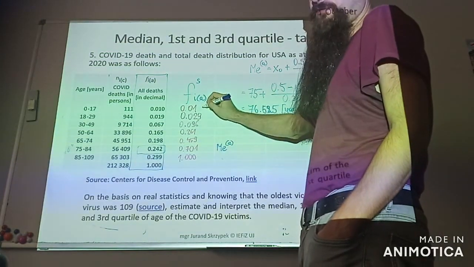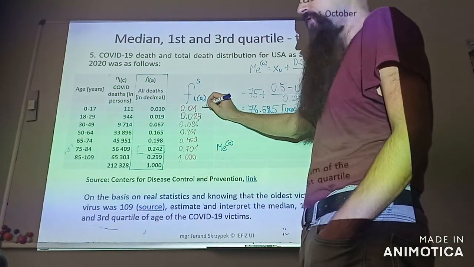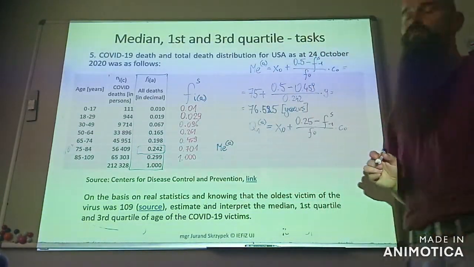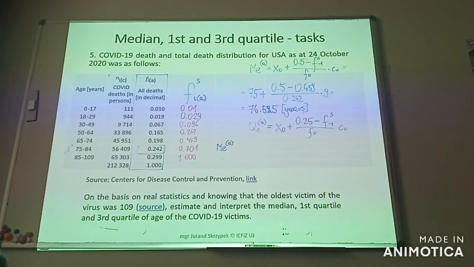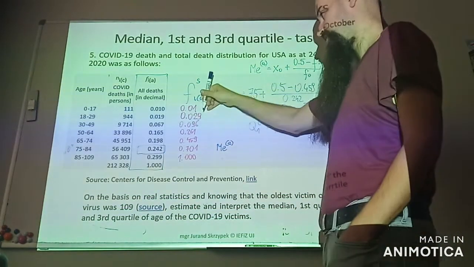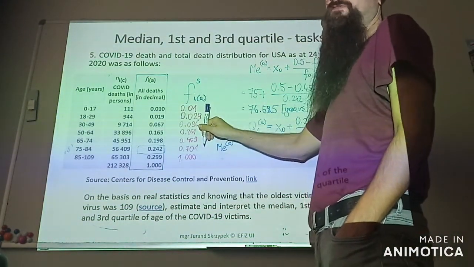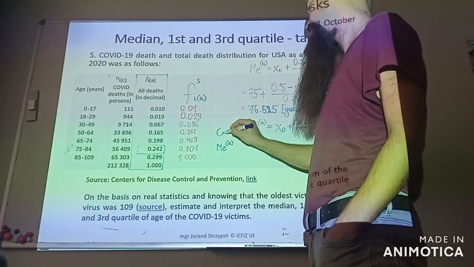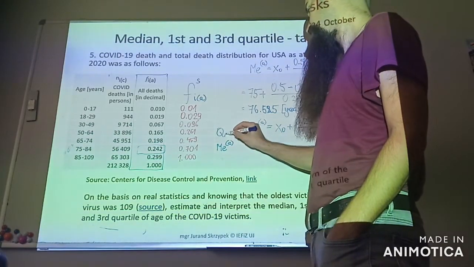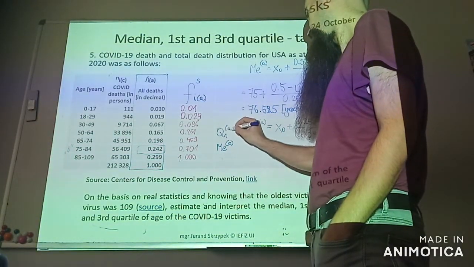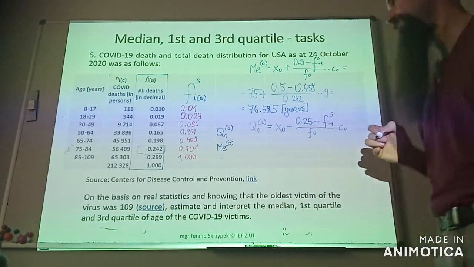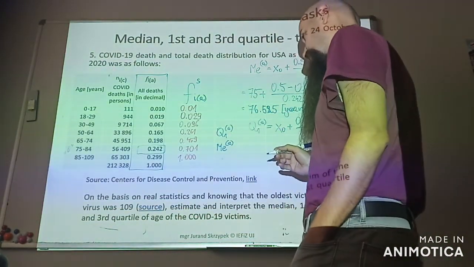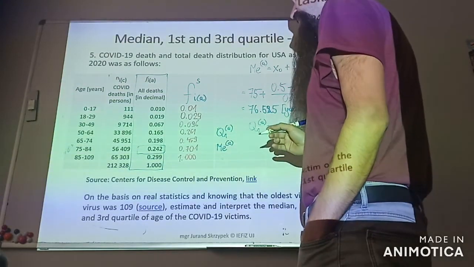We start with the first row, and we are moving down, and we are looking for the class in which we exceed 0.25 for the first time. Yes, so here we have the class of the first quartile.